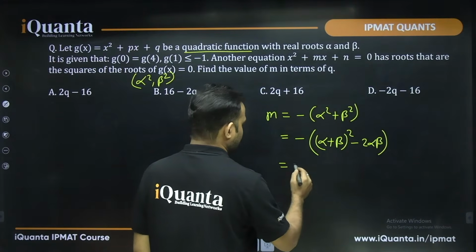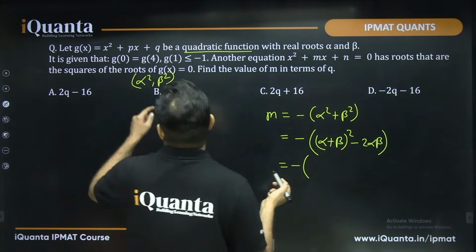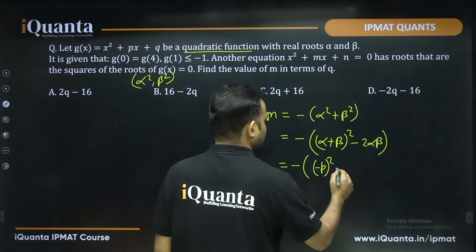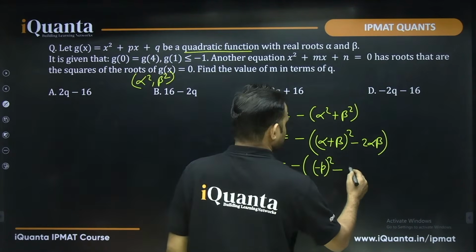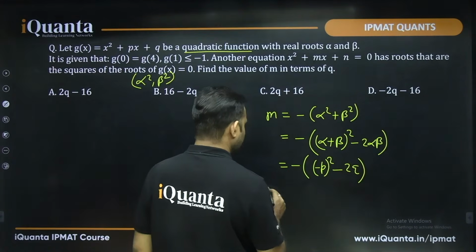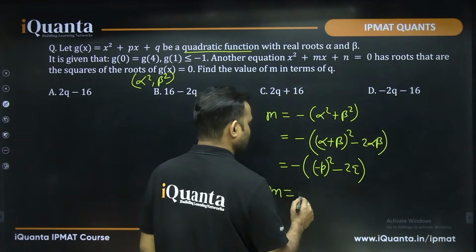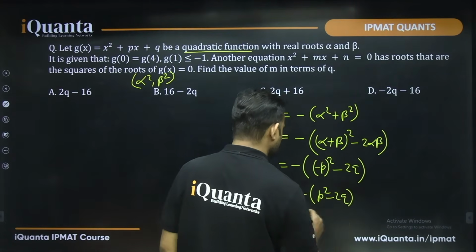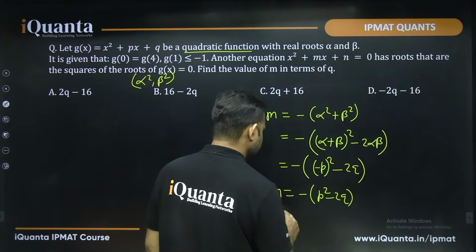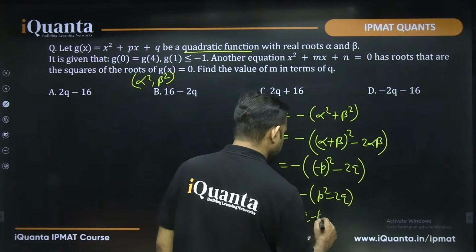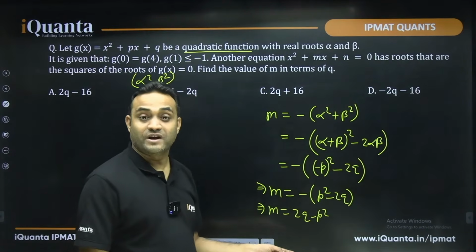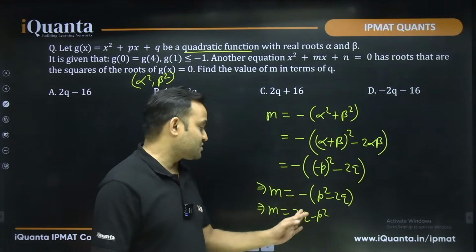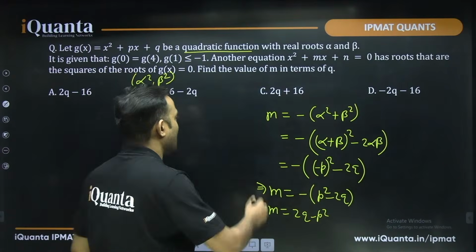Alpha plus beta is minus p, so minus p square minus 2 alpha beta, so 2q. So we can say m will be equal to minus of p square minus 2q, or m is equal to 2q minus p square. So what do we need to find? We need to find p square only.